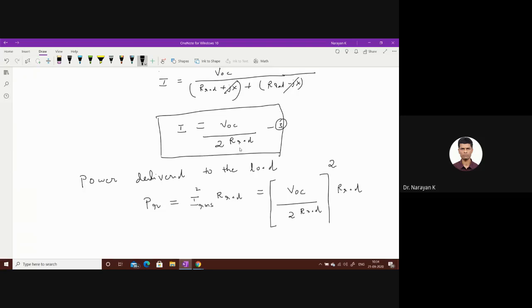Now if you observe this equation very carefully, this is I RMS. So what I should do here? This is the value of I I have substituted. What difference I have to do?